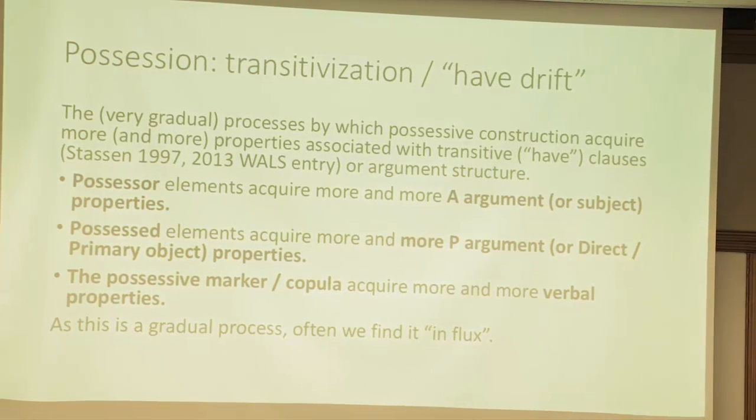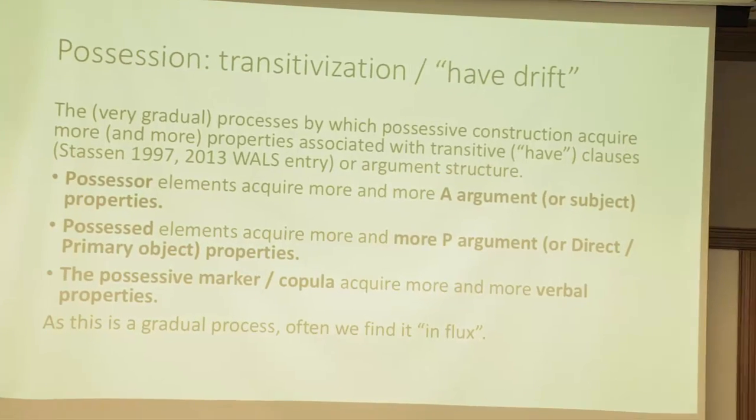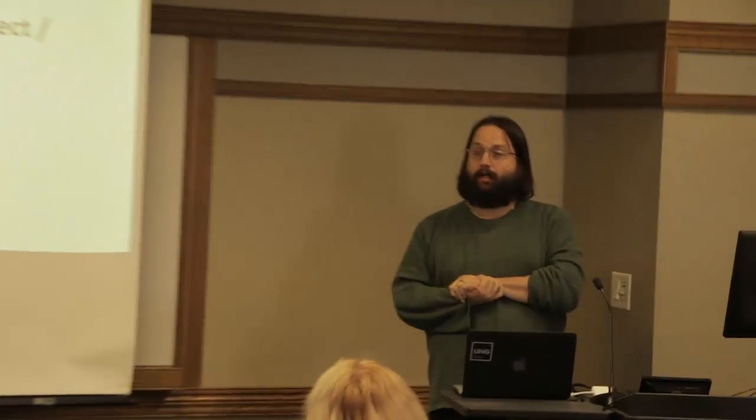And the possessive marker or the copula acquires more verbal properties of a transitive verb. This is a very gradual process. As far as I am aware, every time typologists identify this, they find it somewhere in flux. It's never complete. And we are going to see that in Sivandi, we can reasonably argue for the first and the third, but not for the second very much. We can skip that.